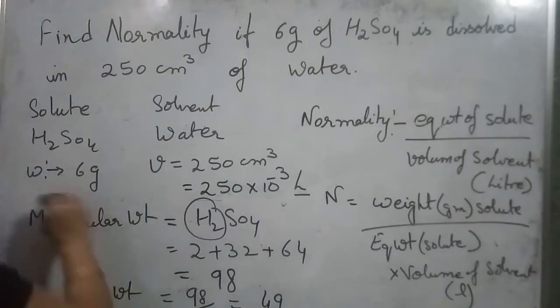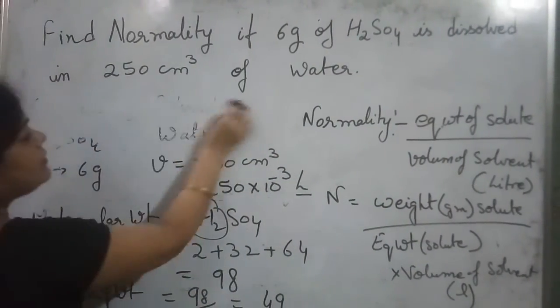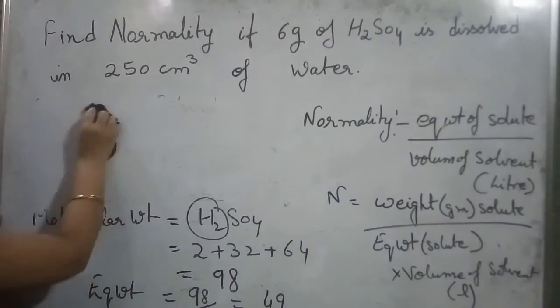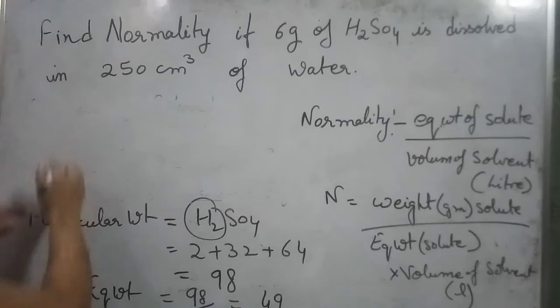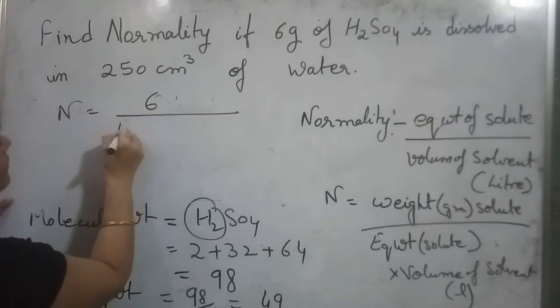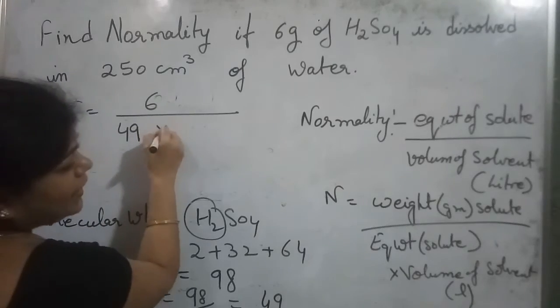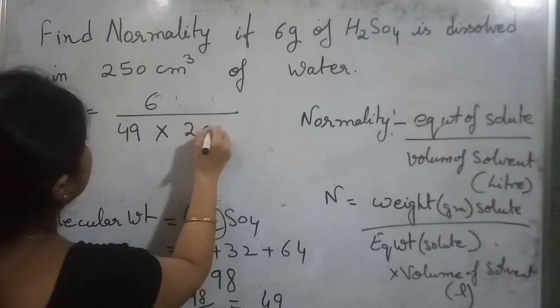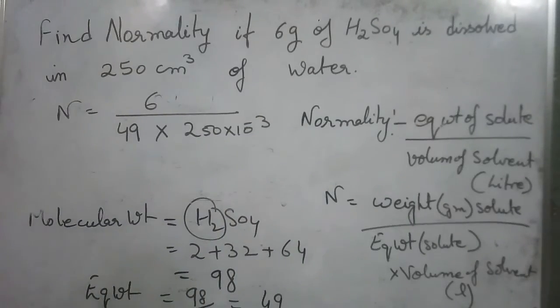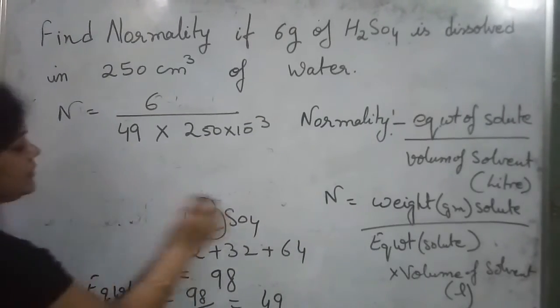Now put all the values in the formula. Normality equals 6 gram over equivalent weight 49 and volume in liters 250 into 10 to the power minus 3. Clear? Now we have to solve it.